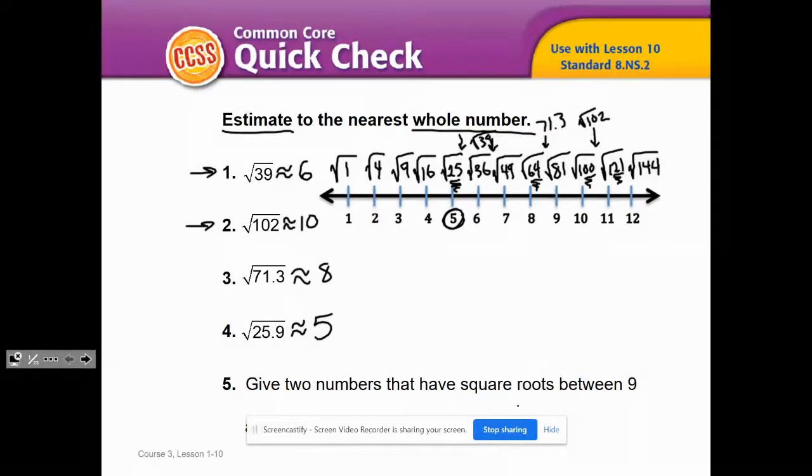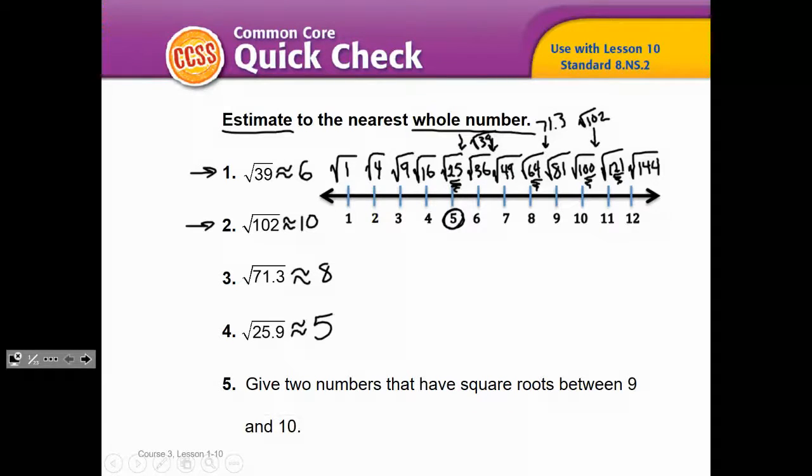Now this next one takes it a bit further. It asks you to give 2 numbers that would have square roots between 9 and 10. How did you go about this? If the answers to the square roots are between 9 and 10, that means the numbers you're choosing have to be somewhere in this range between 81 and 100.